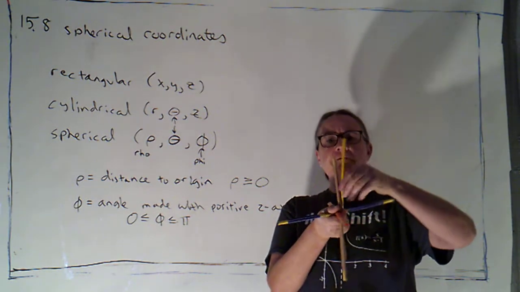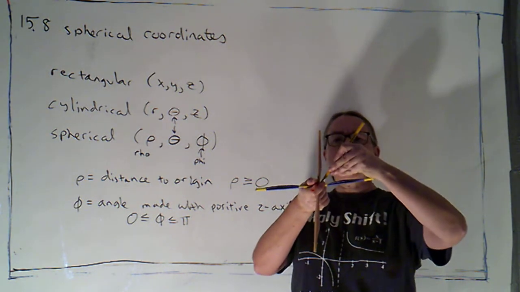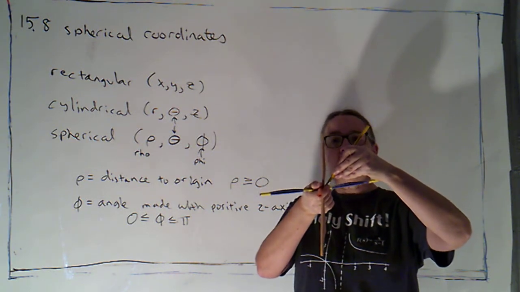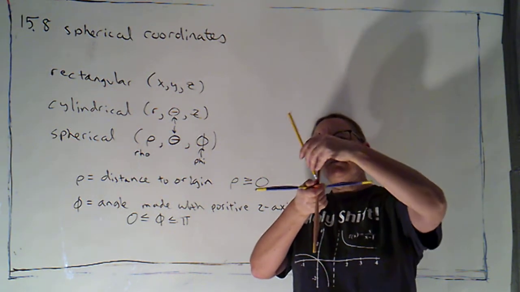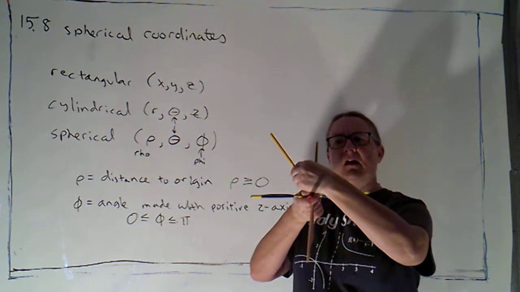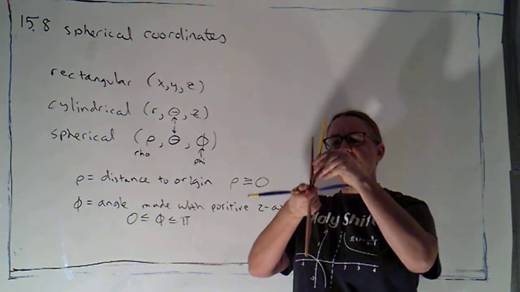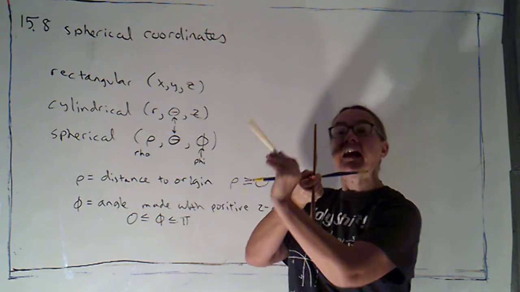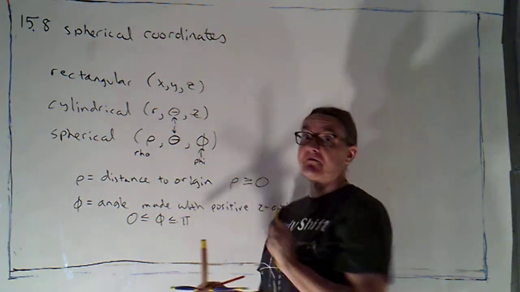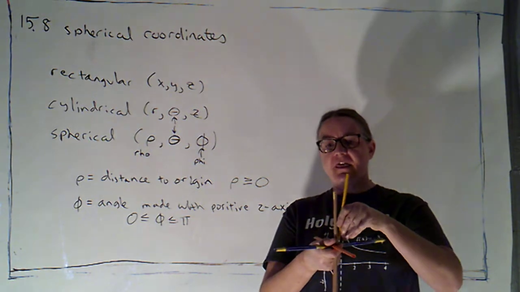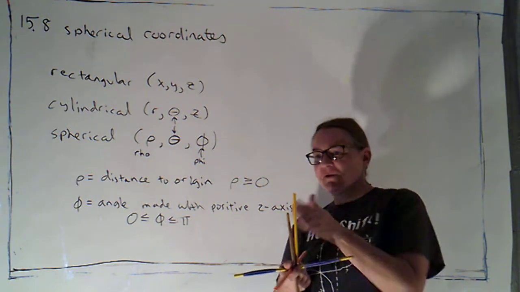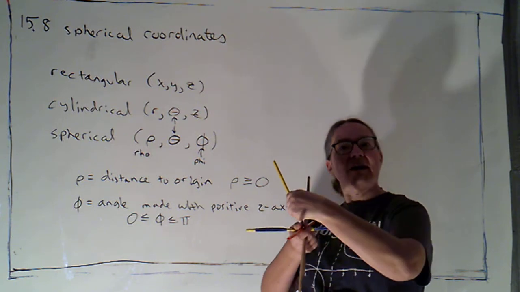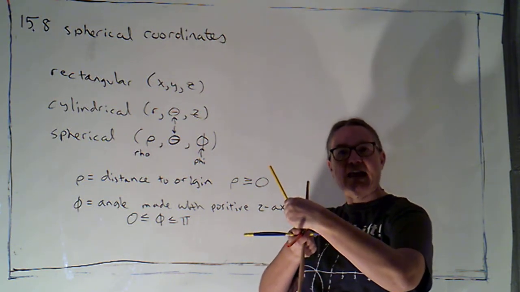Because if I rotate down pi over 6 here, to get to pi over 6 here, I don't need to actually rotate all the way around like so. I can just adjust my theta value so that my theta value puts me over here, and I'm making this angle of pi over 6 with the positive z-axis.